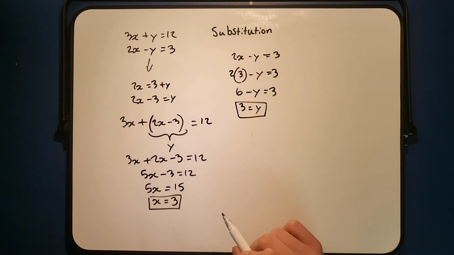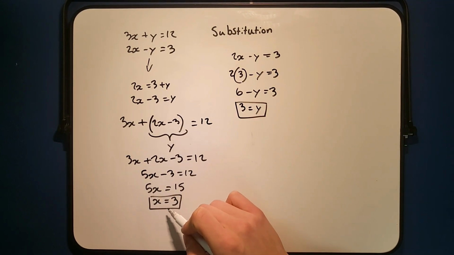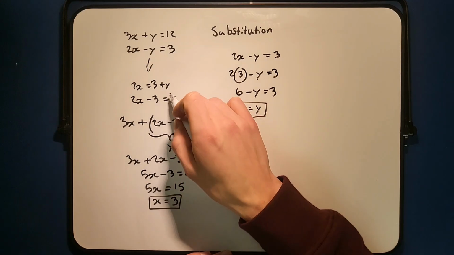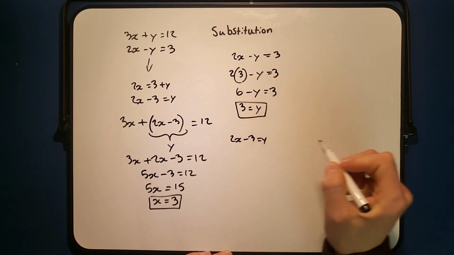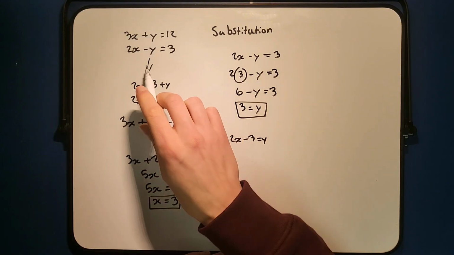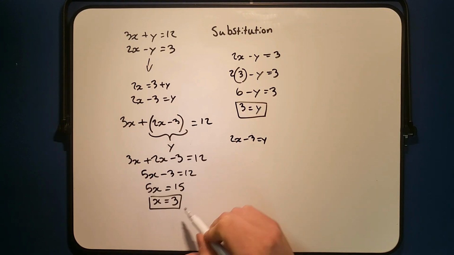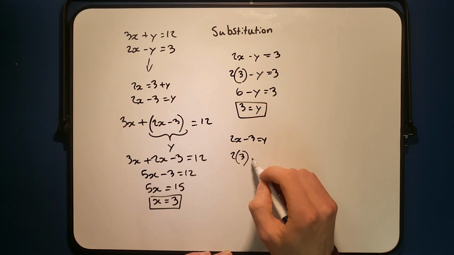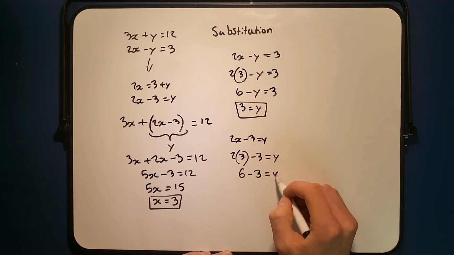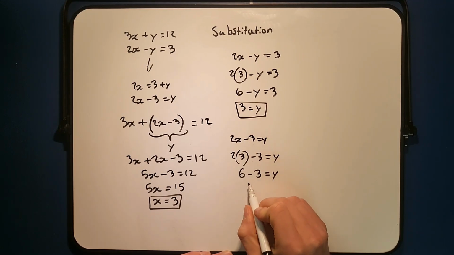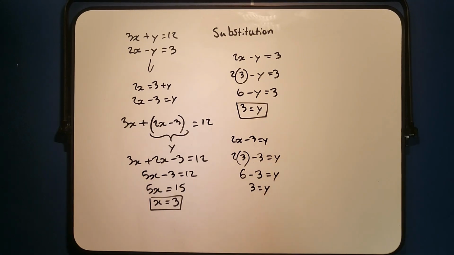That being said, we could have plugged this x answer into this equation right here, as 2x minus 3 is equal to y is the same thing as 2x minus y is equal to 3. And this would give us 2 times by 3 minus 3 is equal to y. That would give us 6 minus 3 is equal to y. And again, we still get the same answer, 3 is equal to y.